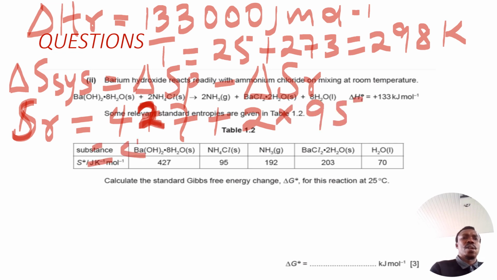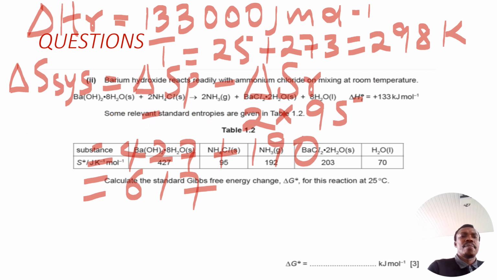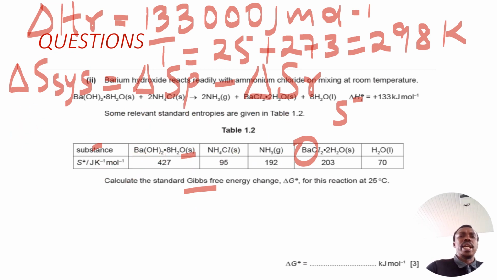So it will be equal to 427 plus 190, which is equal to 617, which is the entropy of the reactant. So we can now calculate the entropy of the system.